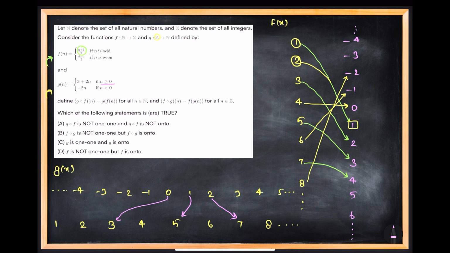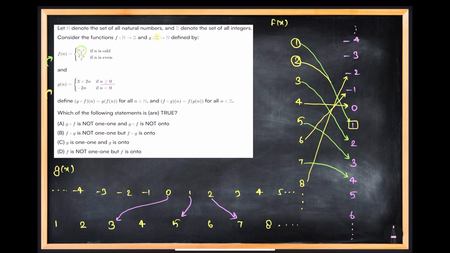So I can say that 0 will connect with 3, and the remaining positive natural numbers will be connected with consecutive odd numbers after 3. Means 1 will be connected with 5, 2 with 7, 3 with 9, and so on and so forth.